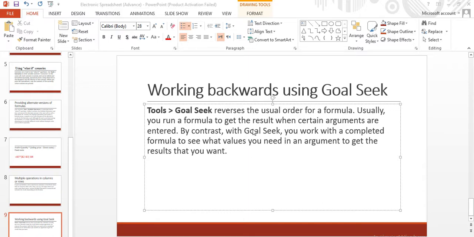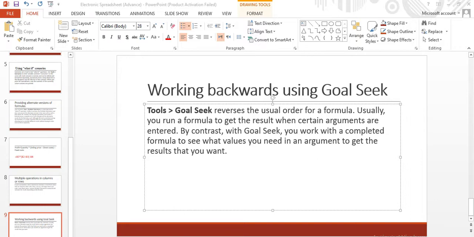If you want to find something and keep some goal for it, for example, if you want to sell a mobile phone and make some profit, but you are not able to work out how much you need, there you can use goal seek.